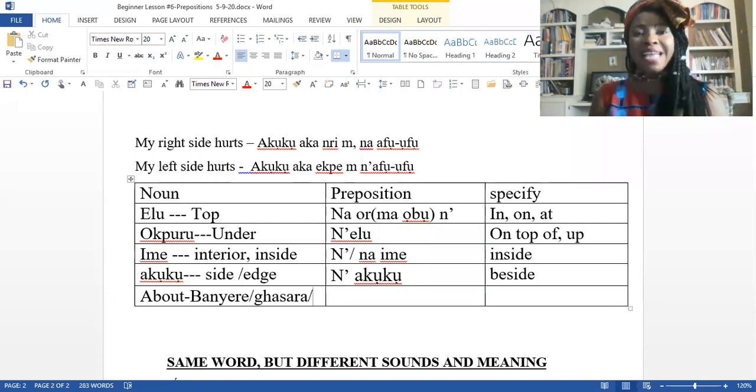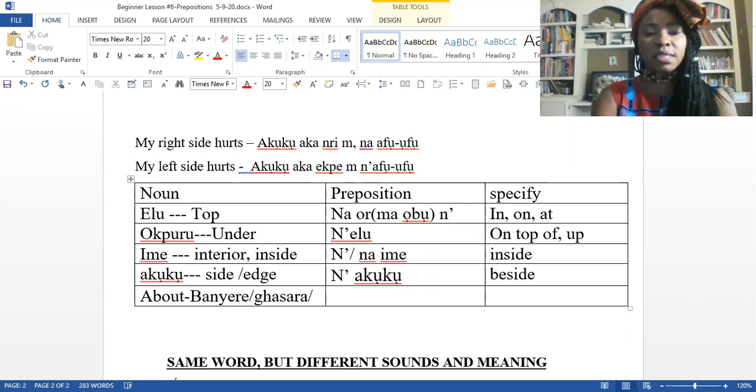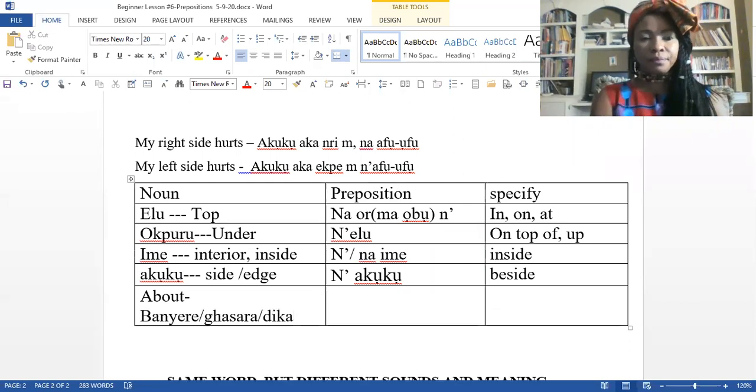So banyere or deka. So that's the meaning of about.